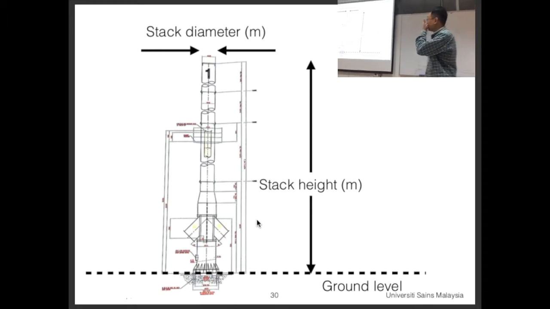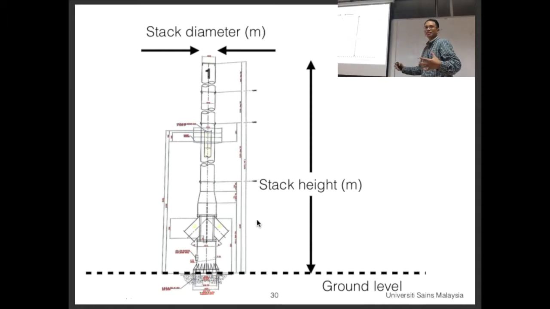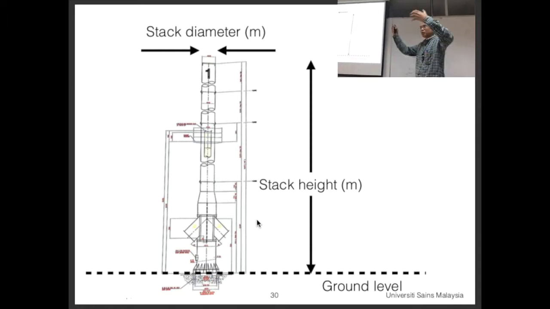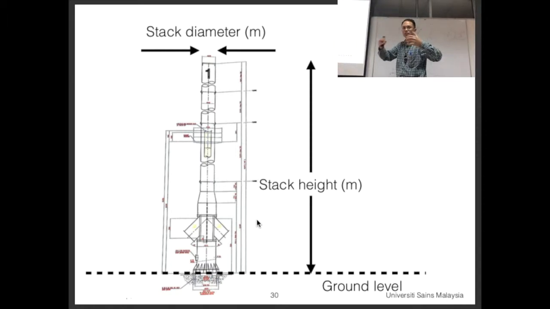So this is a schematic for a stack. Of course, the stack height is from the base of the stack until the edge, the top of the stack. And then there's a stack diameter. Here you need to be careful. Sometimes the entire width of the stack is not the entire width of the exhaust, because the top of the stack could be round, but it's not entirely a hole.